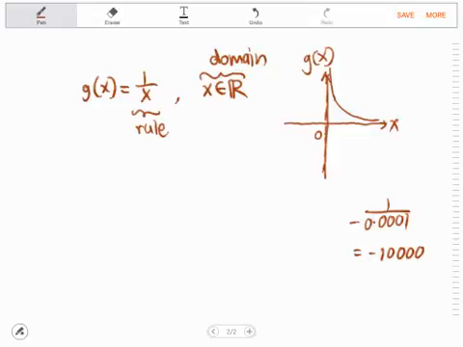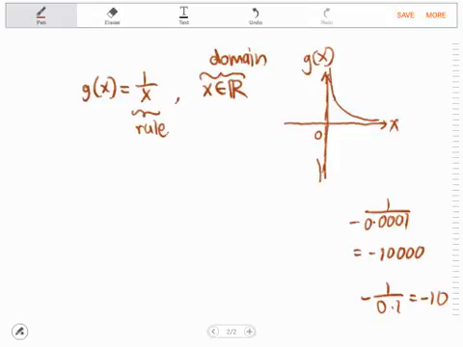Just want to make sure I'm right. If minus 0.1, it will give me minus 10. Yeah, correct. So when we do this division, it goes to here.